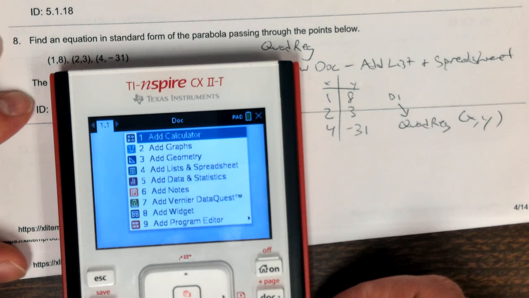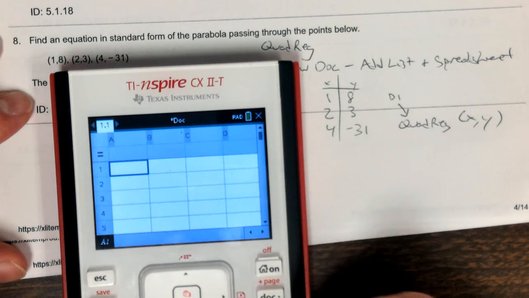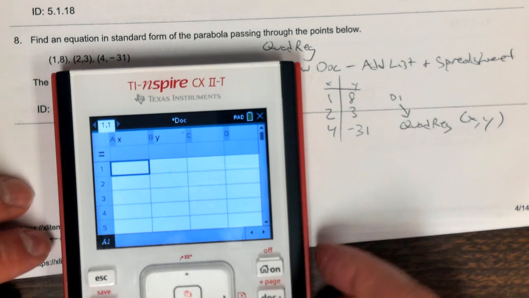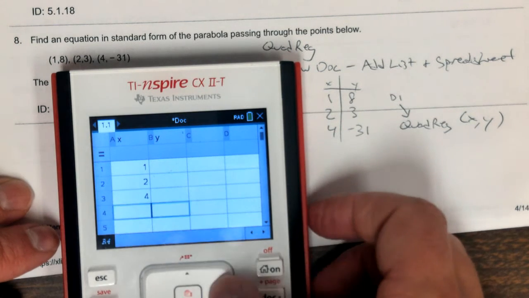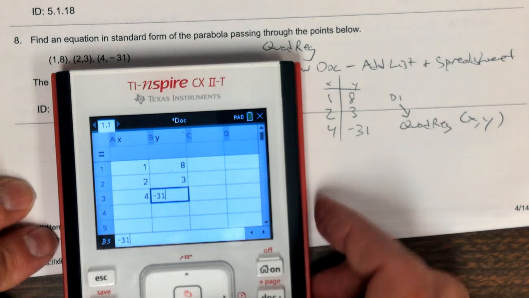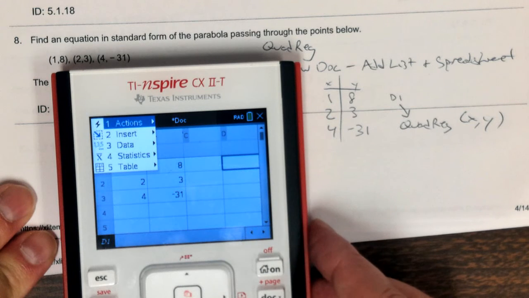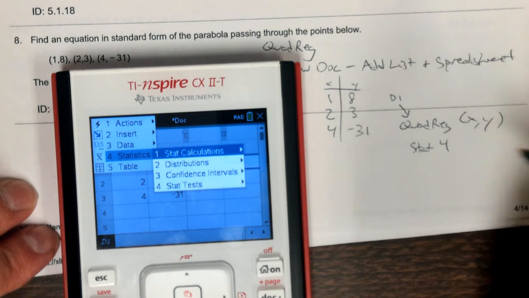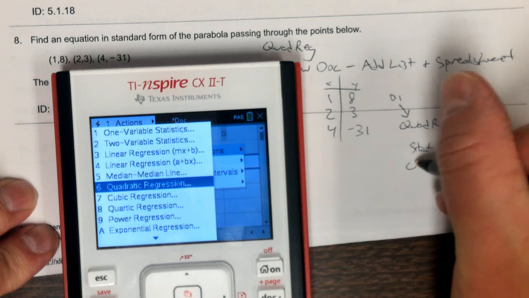If it's a review, it shouldn't be the first time you're doing this. Okay, list and spreadsheet. Put X here, put Y here. 1, 2, 4, 8, 3, -31. So go over to D1, menu, statistics is number 4, and then quadratic is number 6.